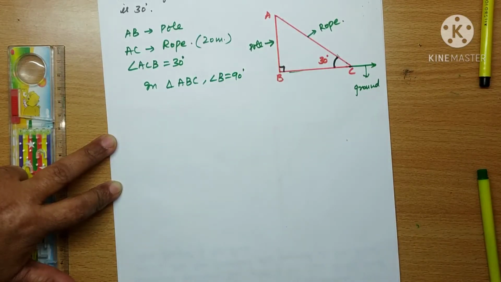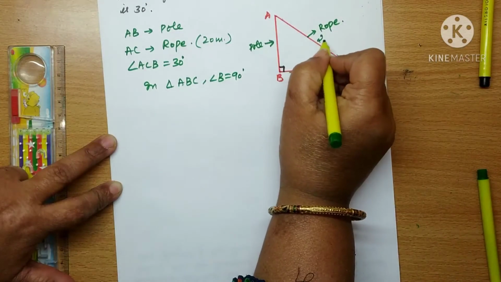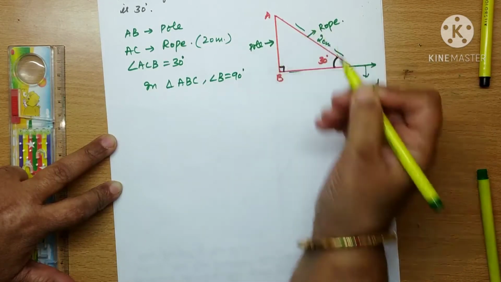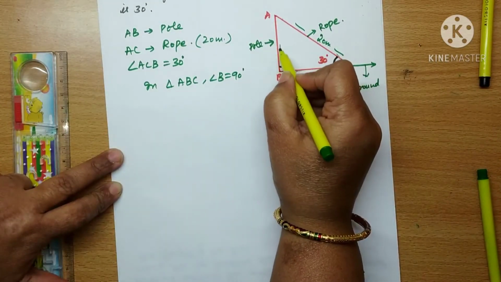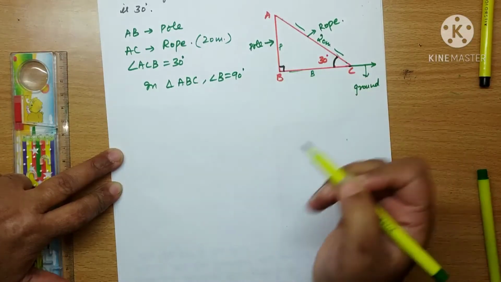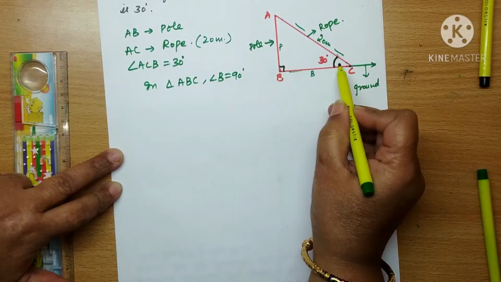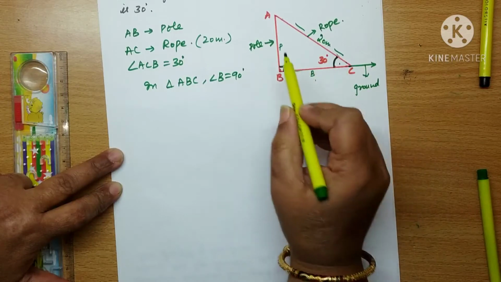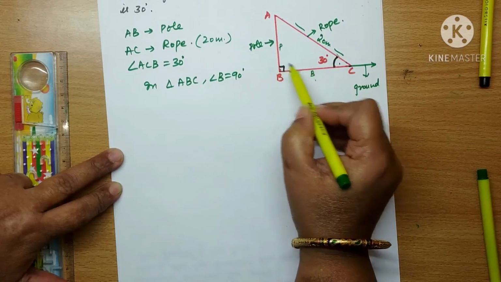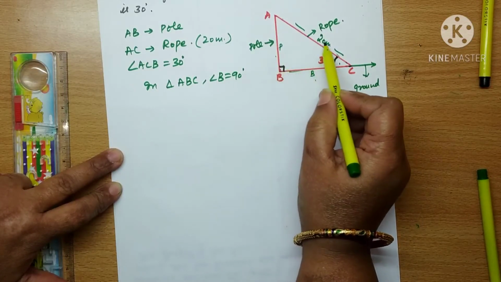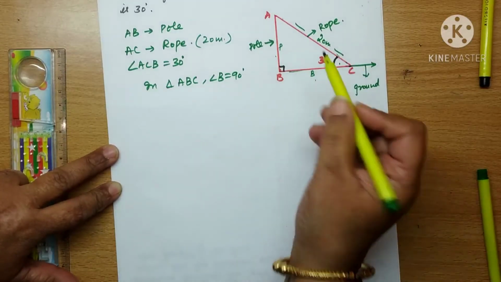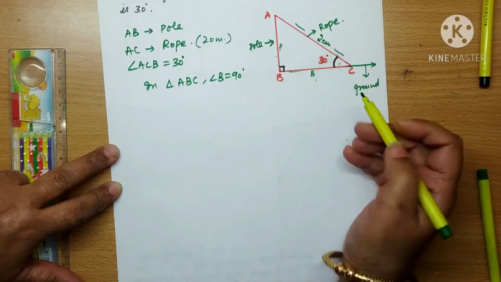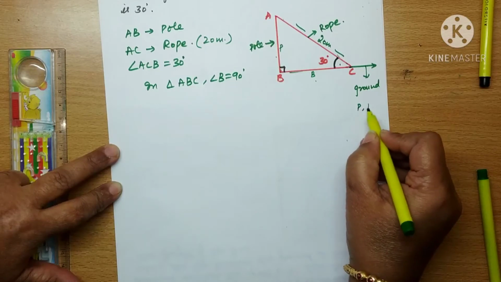I have hypotenuse, this is 20 meter, and I need to find out perpendicular. We know the side which contains 90 degree and the angle is the base, right? And the other side is the perpendicular and the side opposite to right angle is the hypotenuse. So I need a relationship between perpendicular and hypotenuse.